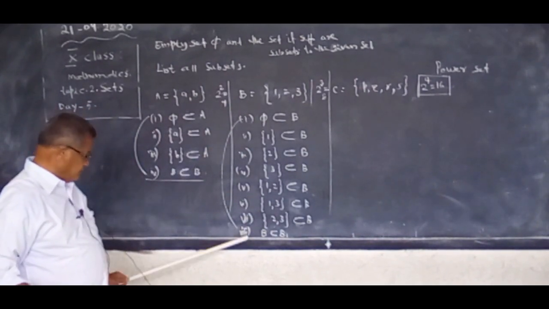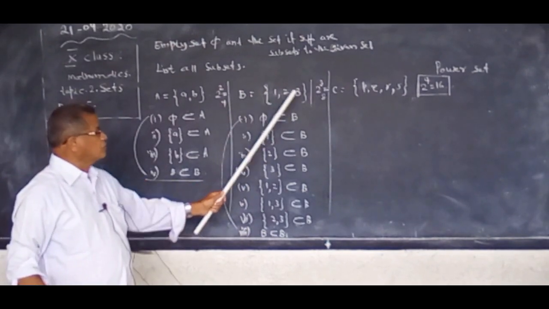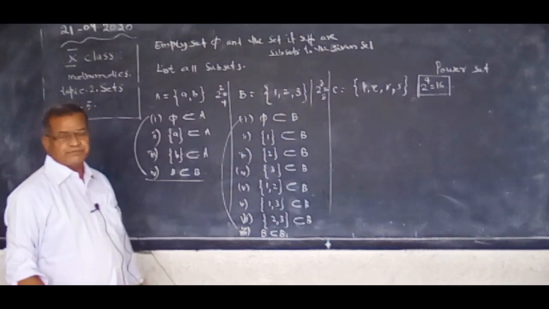So there are 8. With 3 elements, 2 cubed is 8.